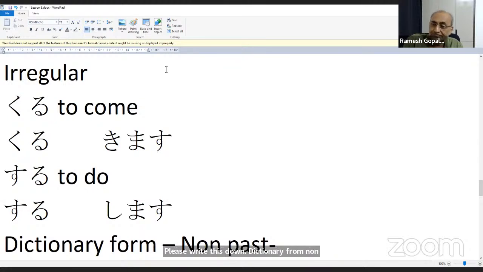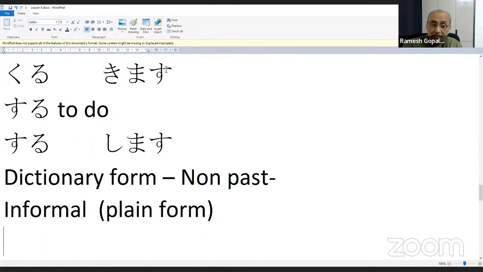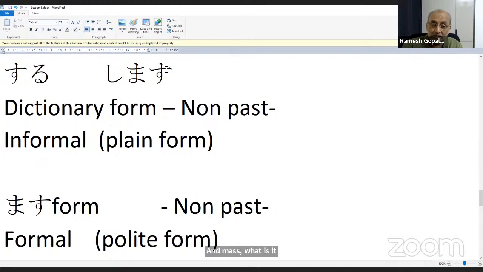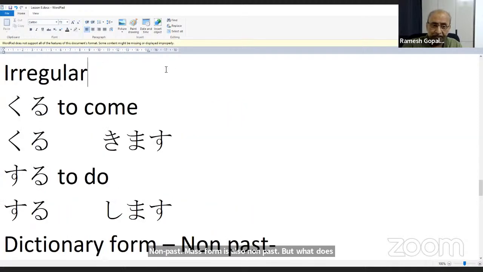Please write. And mass form, what is it? Non-past. Mass form is also non-past. But how is it different?